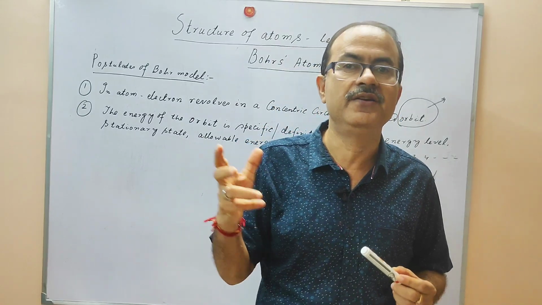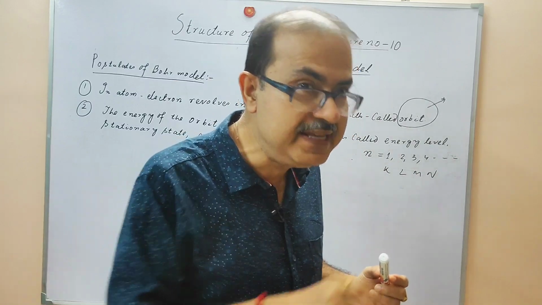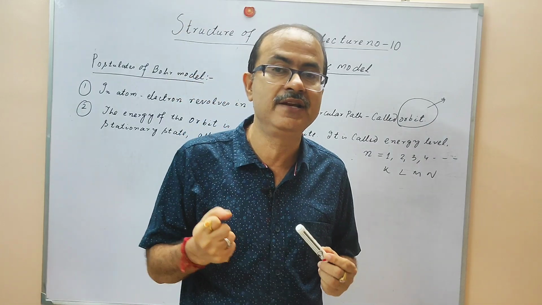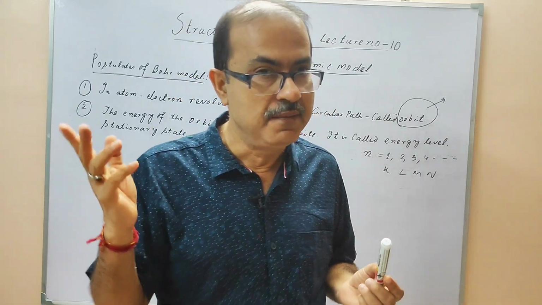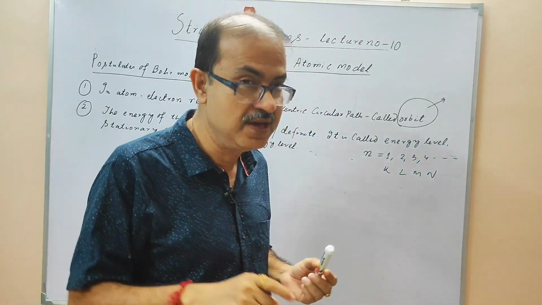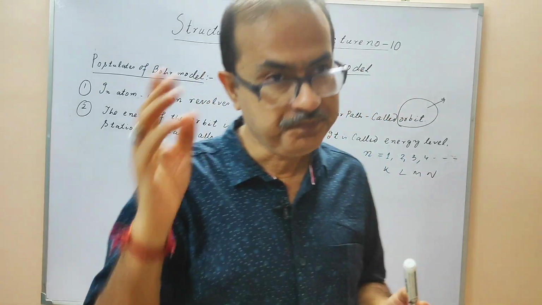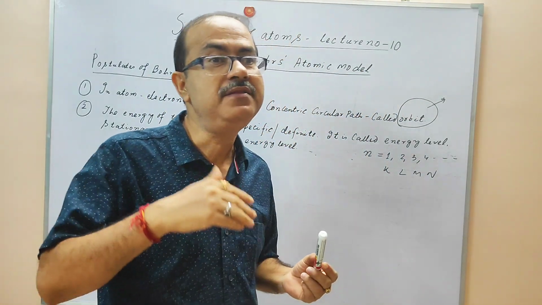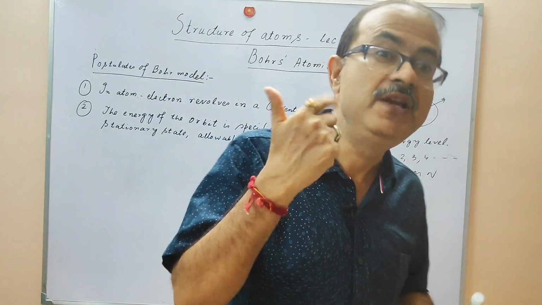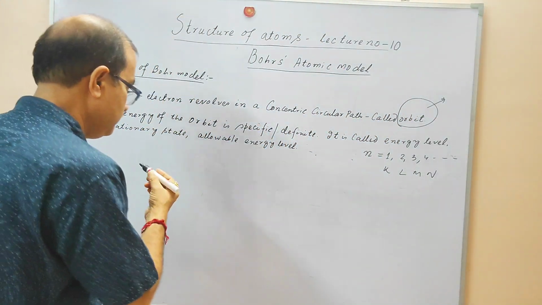Maxwell said that a charged particle when revolving is accelerated, so it will emit energy. But Bohr says it will not emit energy, and that postulate stands to explain the stability of the atom. So this is the second postulate.